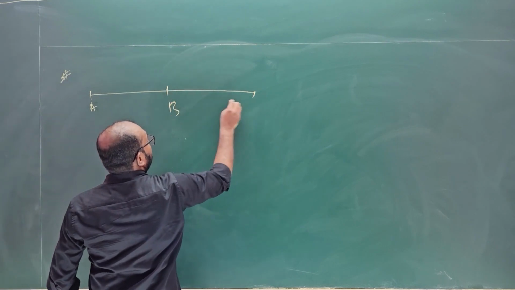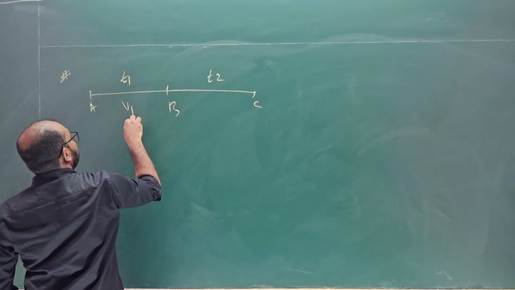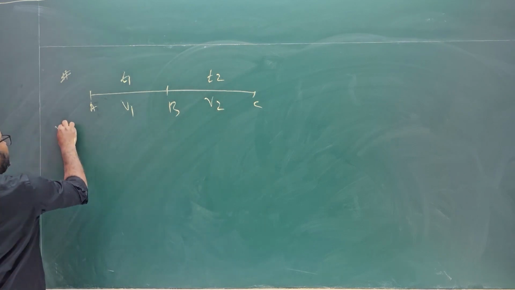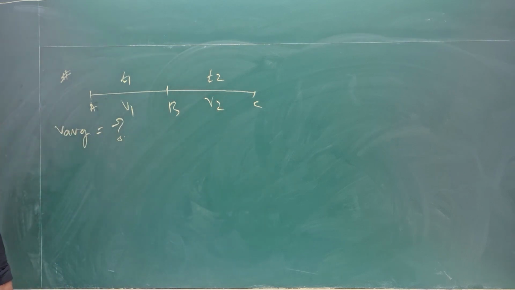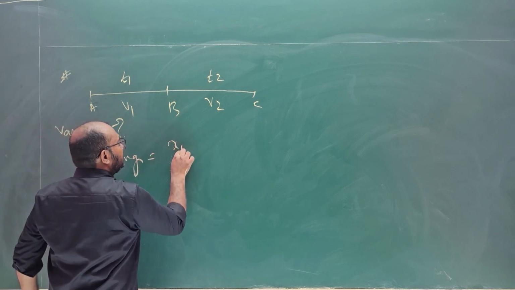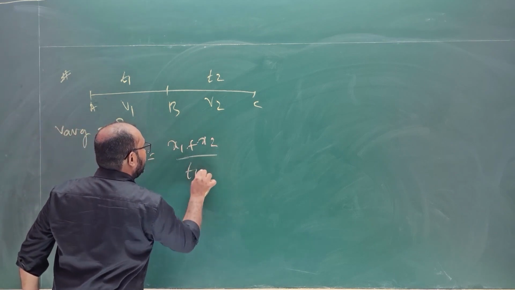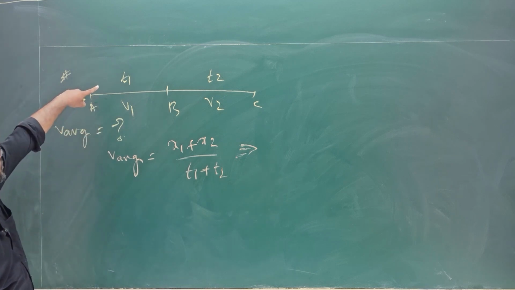A, this is B, this is C. Time taken T1, time taken T2. This is V1 and V2. V average. Come on, be quick. So V average is nothing but x1 plus x2 divided by T1 plus T2. And this can be written as, do we have x1?